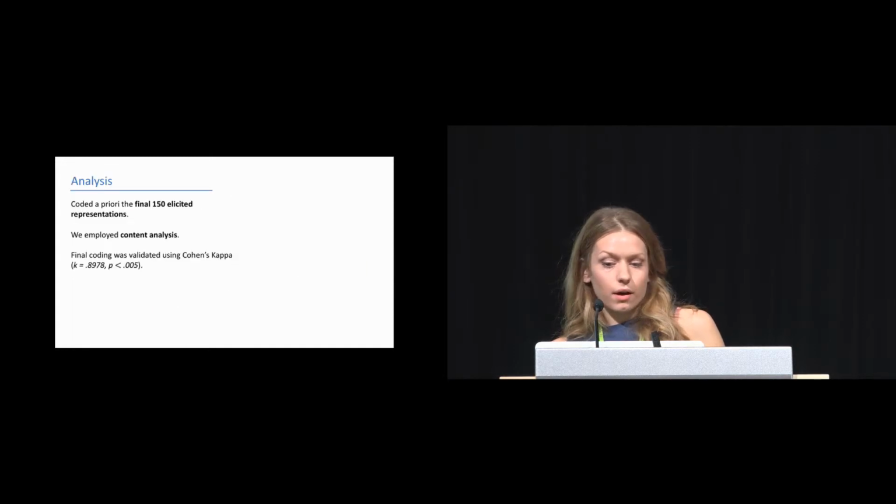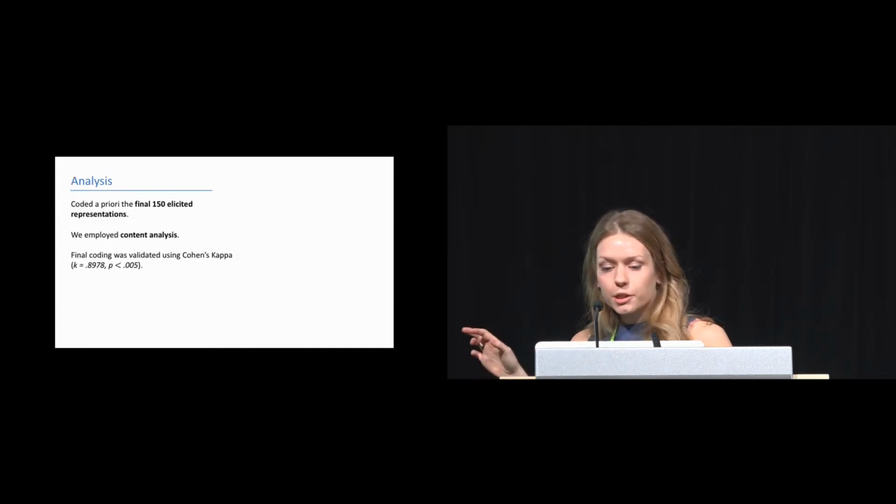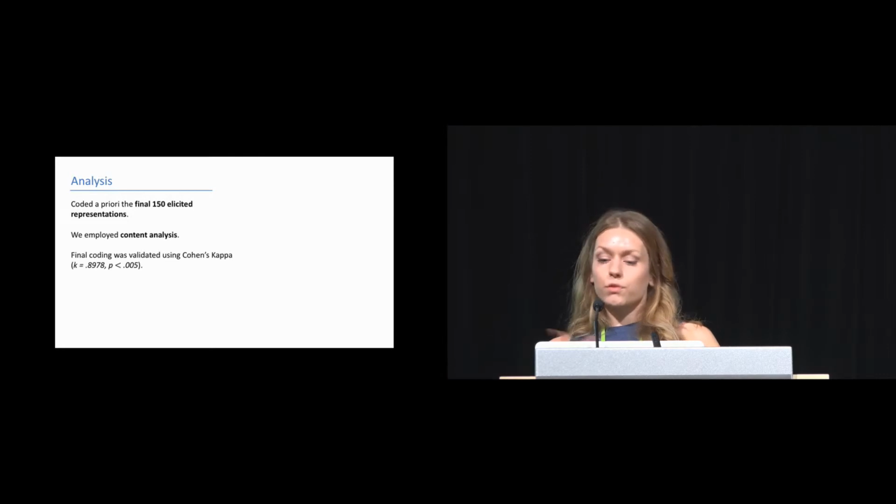All right, so for the analysis of these representations, we used our taxonomy from study 1 to code a priori. We coded the final 150 co-design representations from the participants using the design elements in categories from our taxonomy. We employed a content analysis method, and the final coding was validated using Cohen's kappa here.